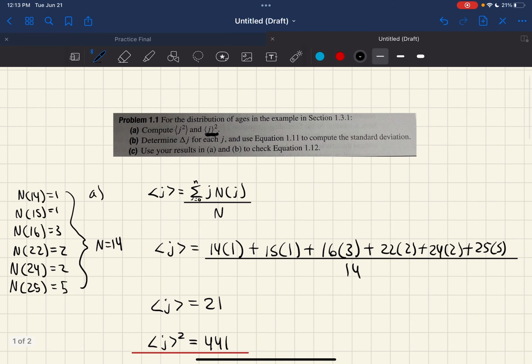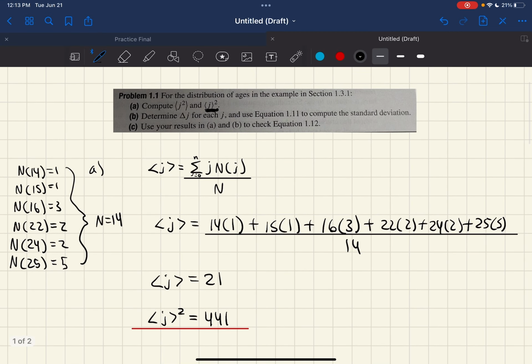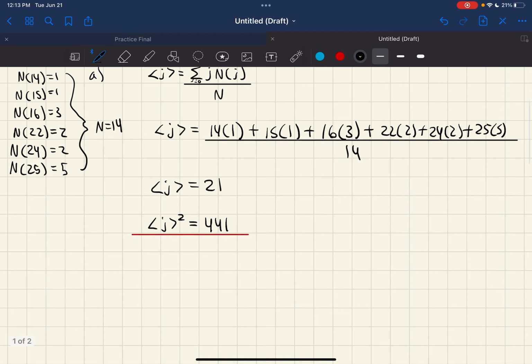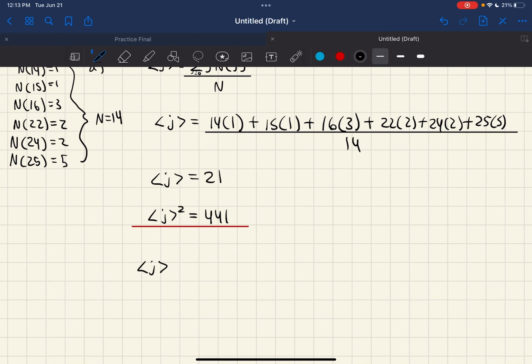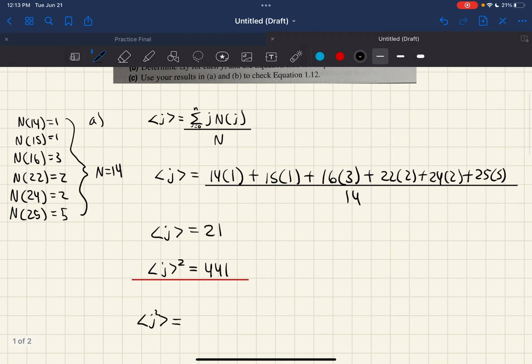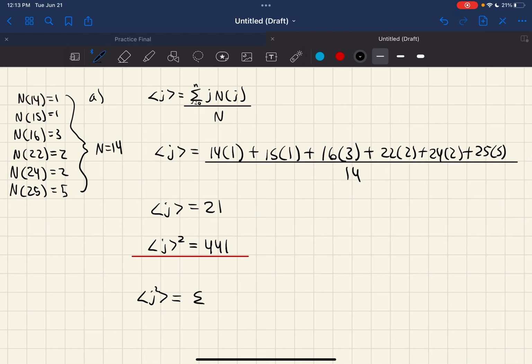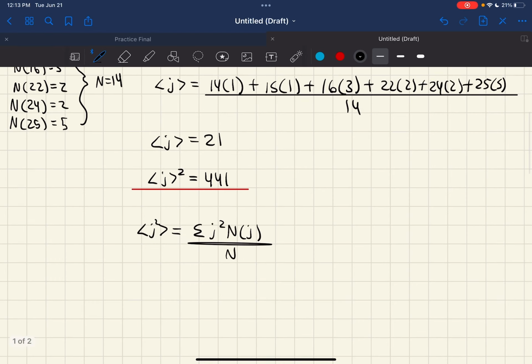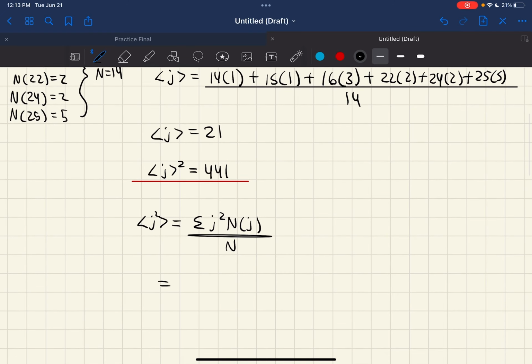Then the next piece we need is the expectation value of the age squared. So we rewrite the formula, and we get the sum of j squared, instead of just j, times n sub j, all over the total number of people. Now let's write this out.